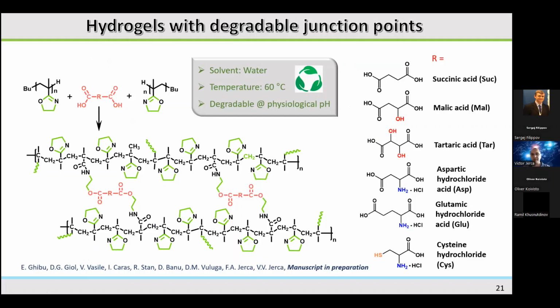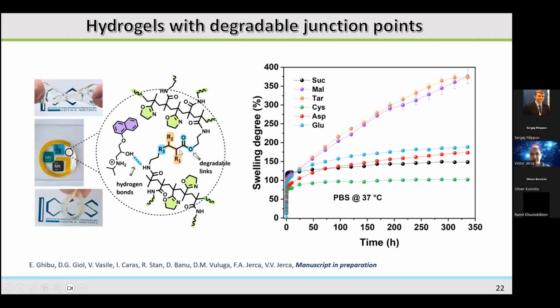Then we changed the solvent to water, we lowered the temperature to 60, and we used different dicarboxylic acids because this time we wanted to create degradable hydrogels. As you can see, we used malic, tartaric, and some amino acids such as cysteine, aspartic or glutamic acids. And what we are able to obtain is degradable hydrogels.